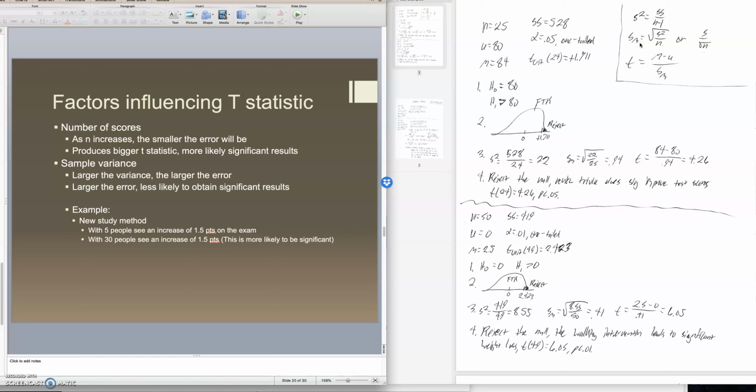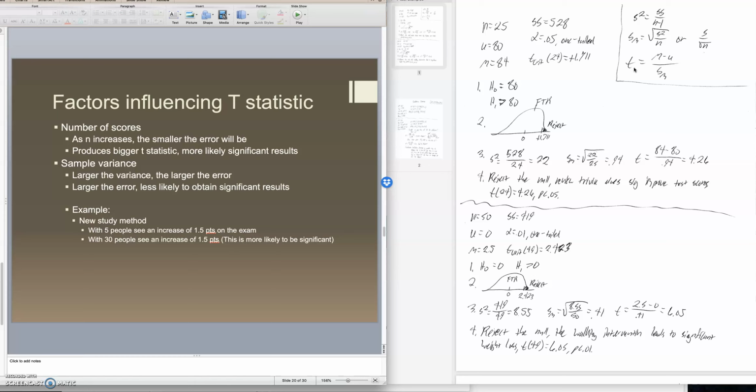Estimated standard error goes down, the t statistic is going to get larger. If that gets larger, it's more likely our result will be significant, that we will reject the null. So as n goes up, we're more likely to reject the null.